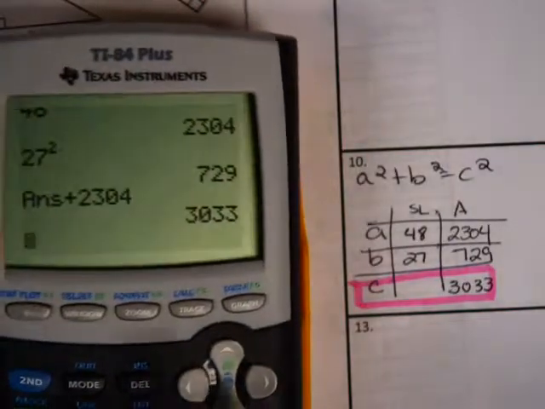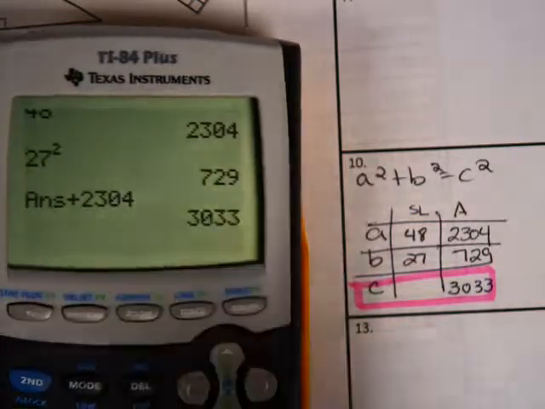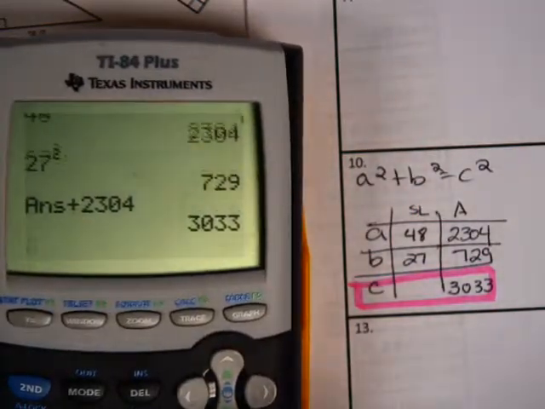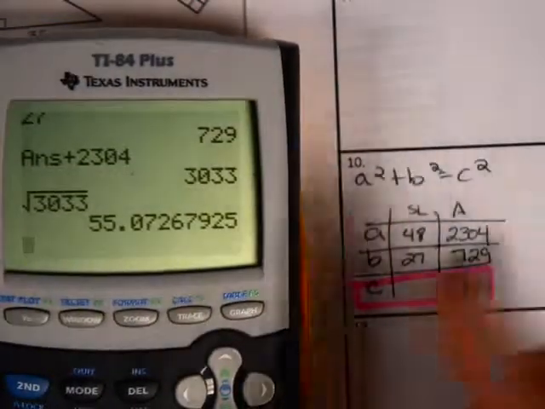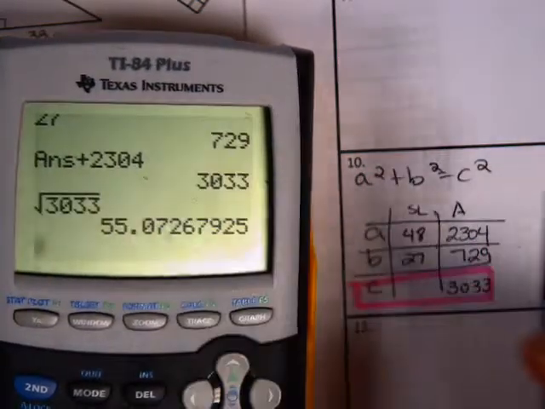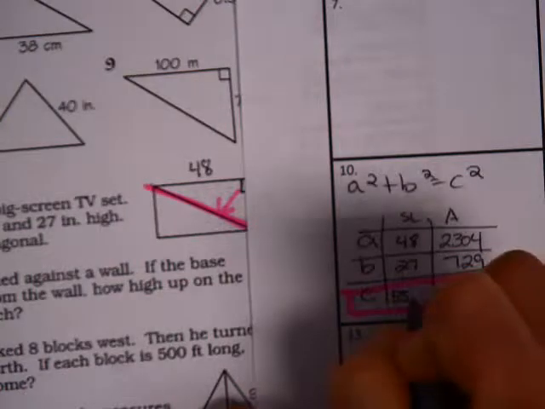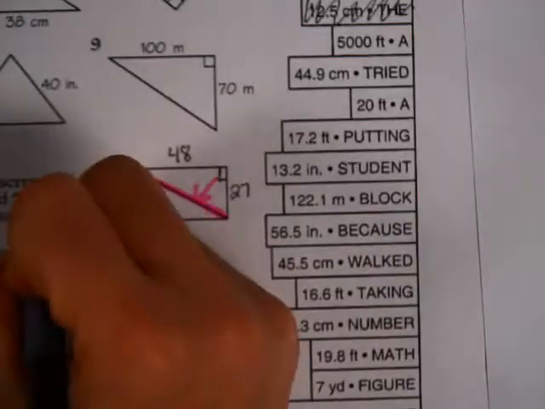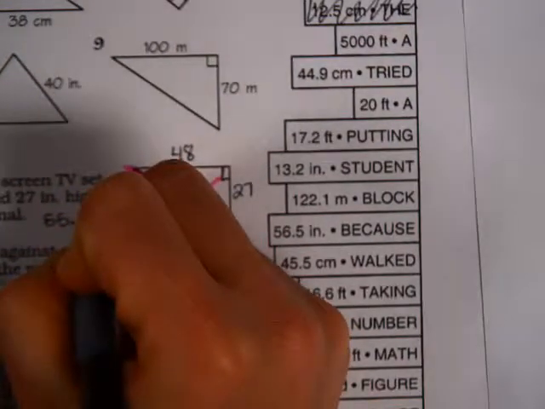3033. Then that's way huge. There's no way a TV in your house is that large. So you would have to square root it. And you get 55.7, and then round to the tenths place, that 7 tells it to jump up. So we're going to say 55.1 inches. Wait, so my answer is 55.1 inches.